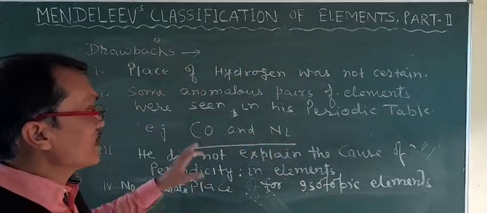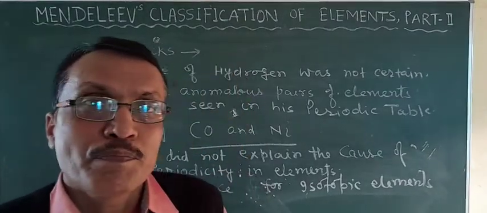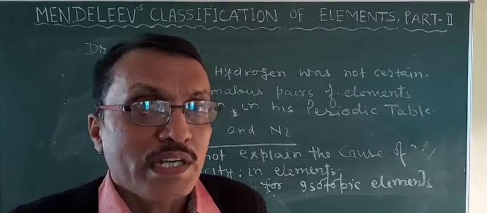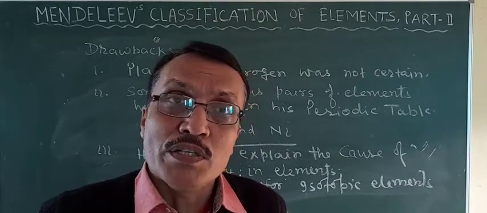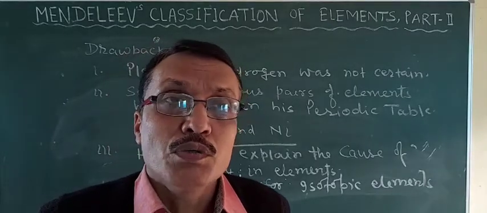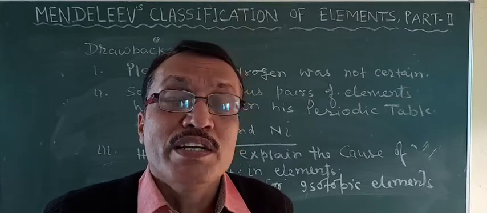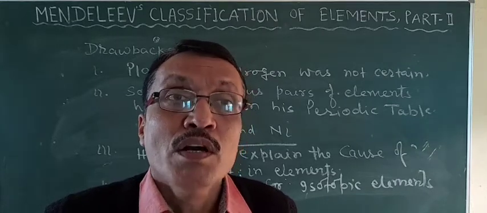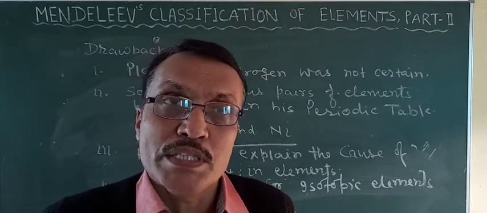And students, due to these many drawbacks of Mendeleev periodic table, this periodic table was also not accepted. And then students, one more new chemist came forward whose name was Moseley. When Moseley came forward, he stated that the most fundamental property of an element is atomic number, not atomic mass.